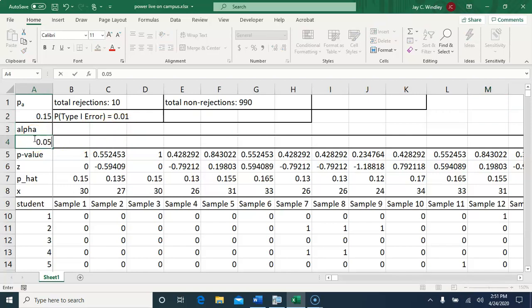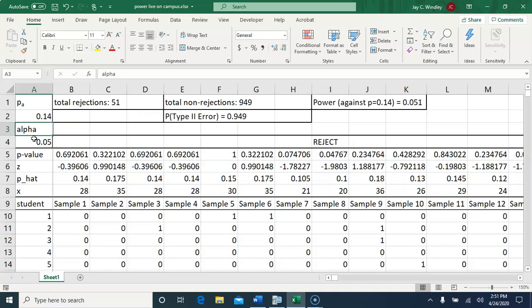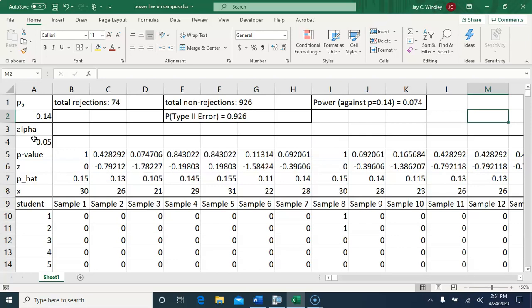Now, what if the population proportion isn't 0.15? What if the proportion of students living on campus is really 0.14? Well, you notice that 0.14 is so close to 0.15 that I'm still only rejecting the null hypothesis 5% of the time.